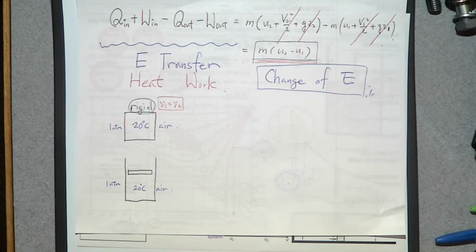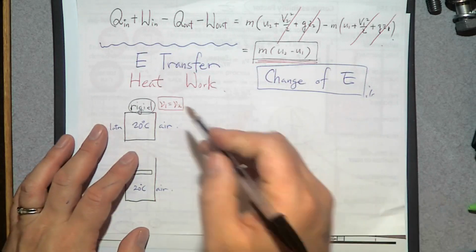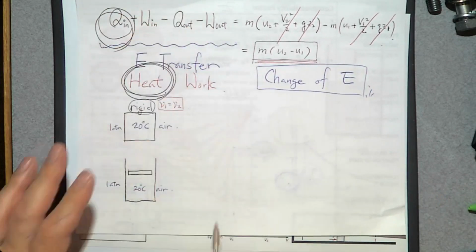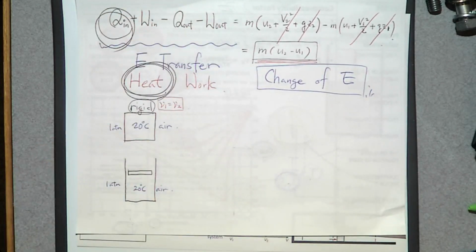They're the same. Now I'm going to increase the temperature, so providing what? Heat transfer. So there's a heat transfer going in. I'm going to heat the system to raise the temperature up to 90 degrees Celsius. Good temperature to brew coffee, right?